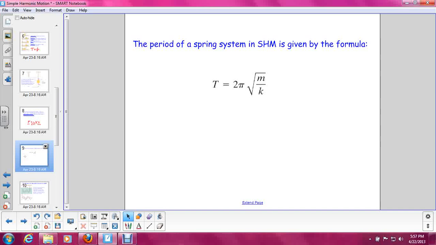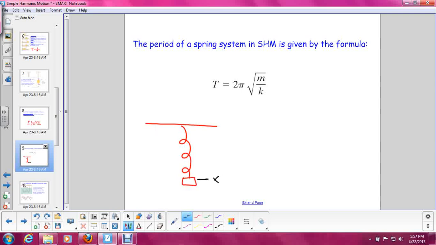So if we have a spring system, let's say that it's hanging instead, and this is its happy place right here. This is equilibrium, x equals 0. Our spring has some amount of mass on it, and the spring itself has some spring constant. Now, if I were to pull this spring down, or pull the mass down, the spring would want to pull it back up.